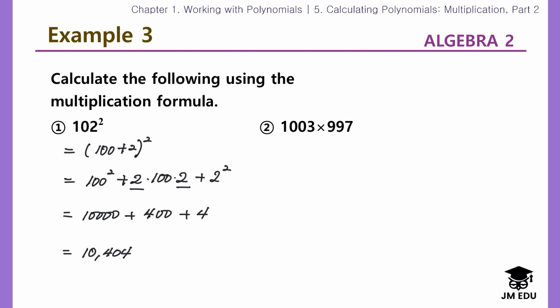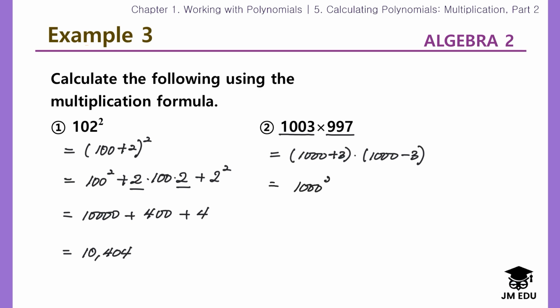Right? Number 2, we have 1,003 times 997. We can rewrite 1,003 as 1,000 plus 3. 997, that's 1,000 minus 3. So (a plus b)(a minus b) form, right? That's going to be a squared minus b squared.